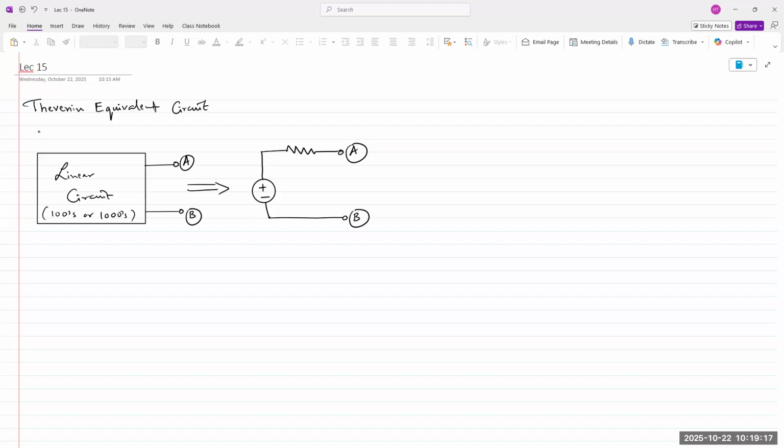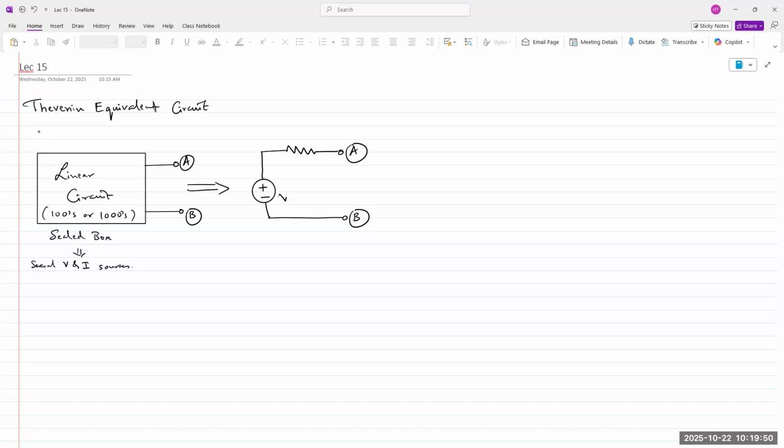Essentially, that circuit, which is a sealed box, has numerous voltage and current sources inside. You could represent all of those sources as one single voltage source.